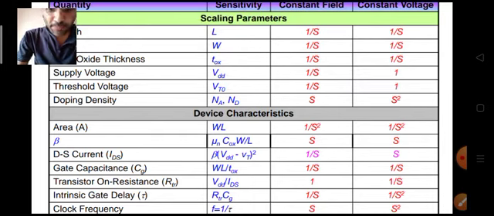Epsilon ox is constant, and Tox is reduced by 1 by s, so the new Cox becomes s times Cox. Mu n is constant, and W and L change by the same factor, so beta gets multiplied by s. That is how the s factor comes.